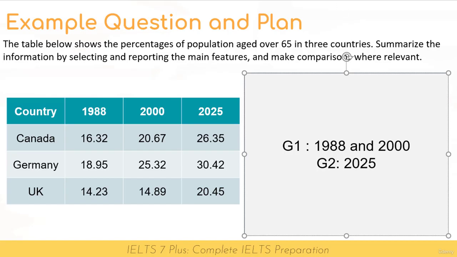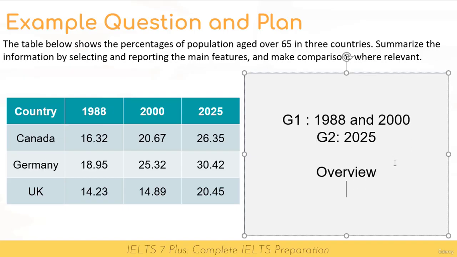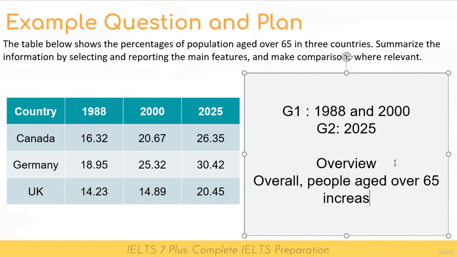It's now time to have a look at our overview plan. I think from describing the table earlier, the most important thing that we can describe simply without going into too much detail is to say overall people aged over 65 increased in all countries and all years.